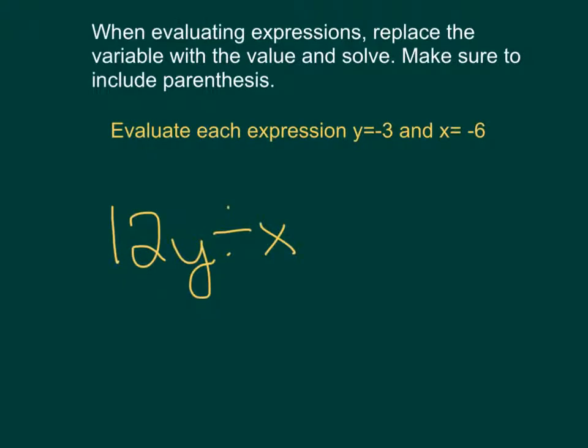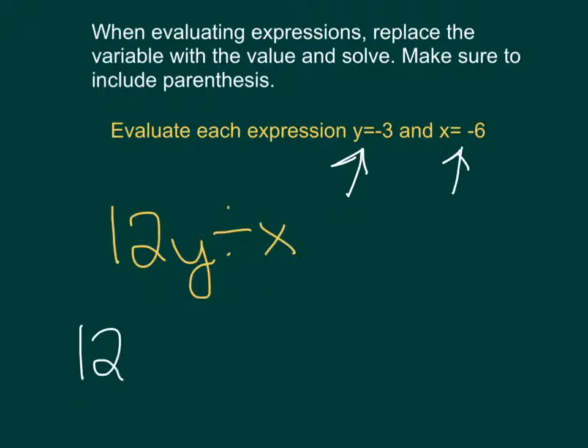When we are evaluating expressions, we replace the variable with the value and then we solve. Make sure to include parentheses because this is where those negative numbers really can become tricky if you're not using parentheses. So let's look at this example. We have 12y divided by x. Up here this tells us that y is -3 and x is -6.